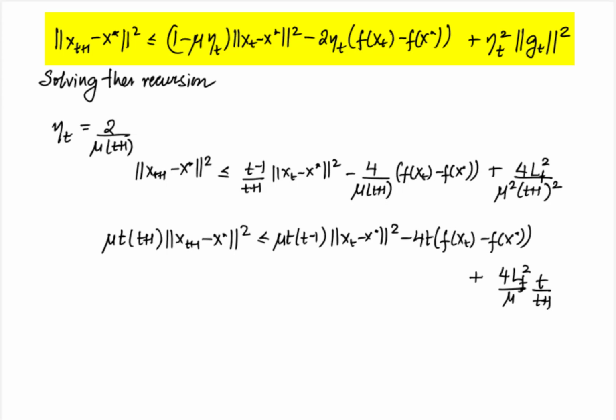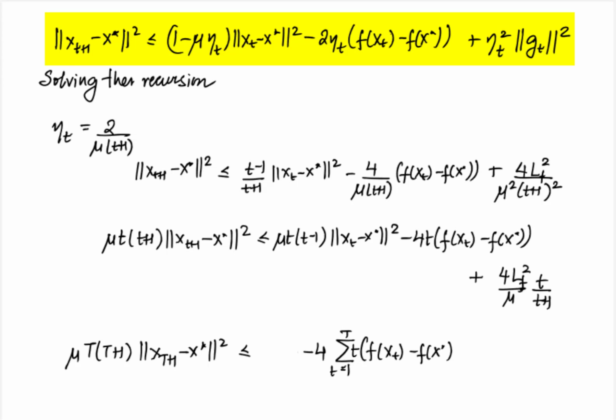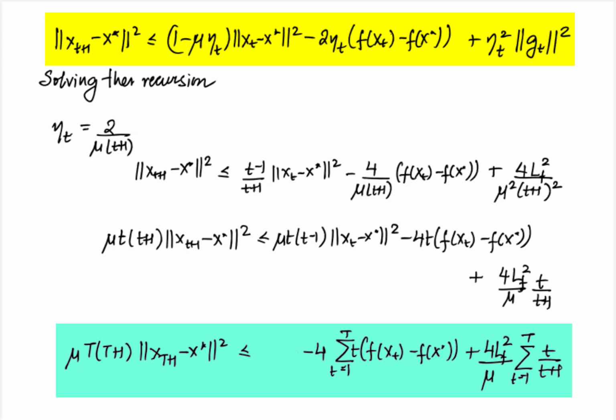So this allows us to write the telescopic sum and obtain that mu t times t plus 1 into norm square of xt plus 1 minus x star is less than or equal to minus 4 summation over t equal to 1 to capital T minus 1 of small t times f of xt minus f of x star plus 4 LF square by mu summation over t equal to 1 to capital T minus 1 of t by t plus 1, where the x1 dependent terms go away because for t equal to 1, eta 1 is equal to 1.